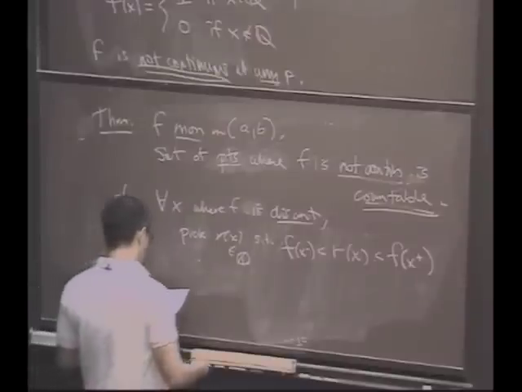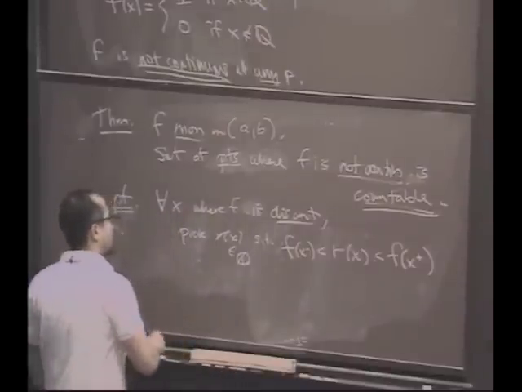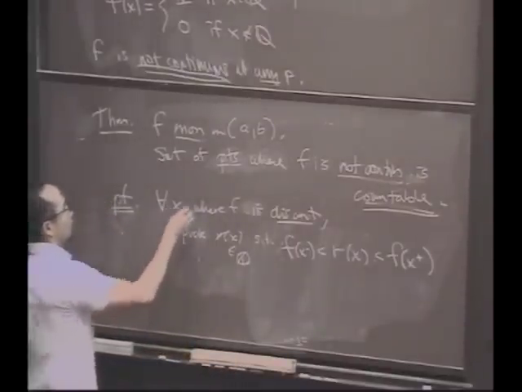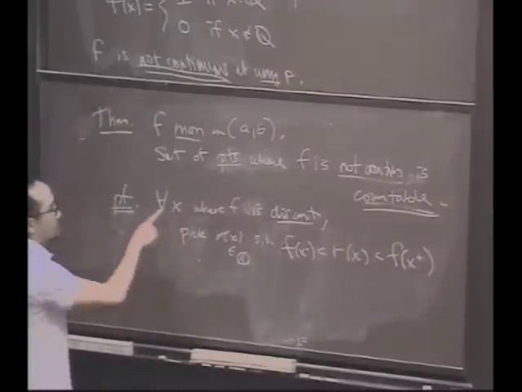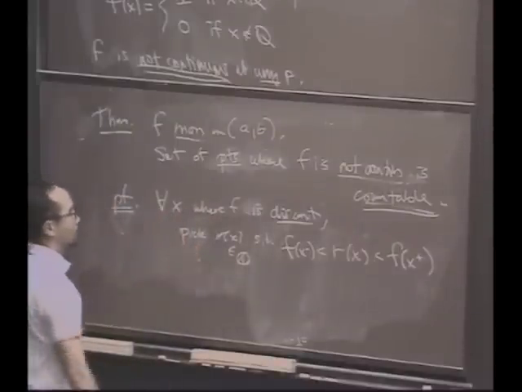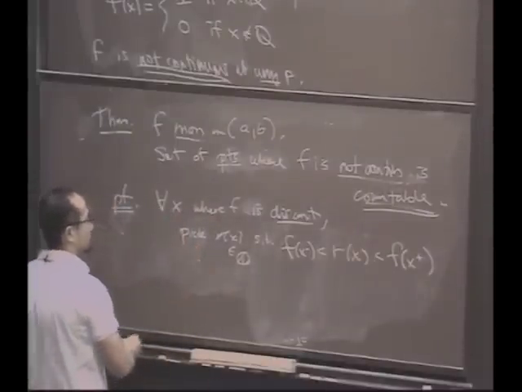Okay. So the thing to notice is that if you have two discontinuities, the R you pick is actually going to be different.